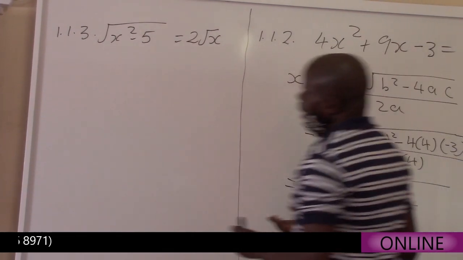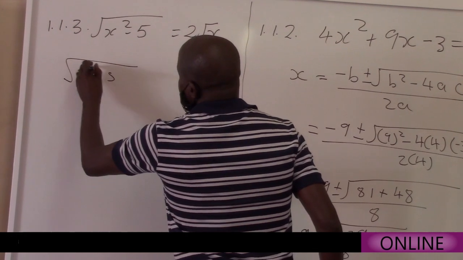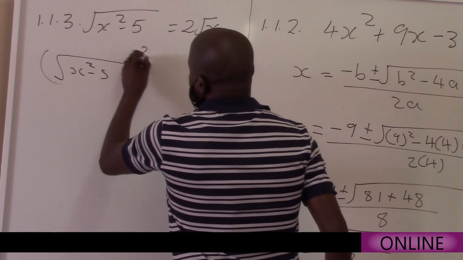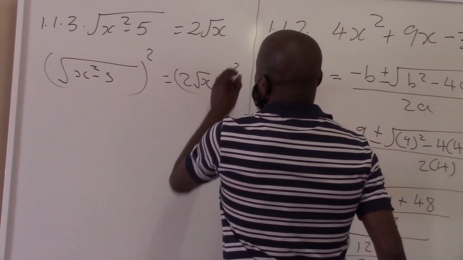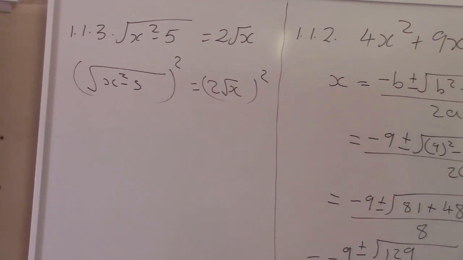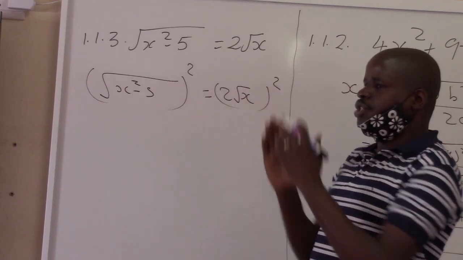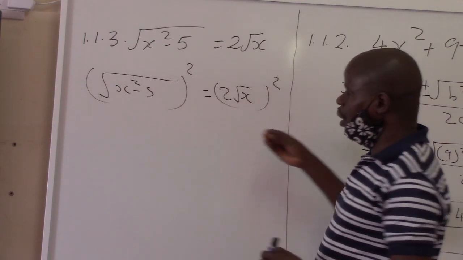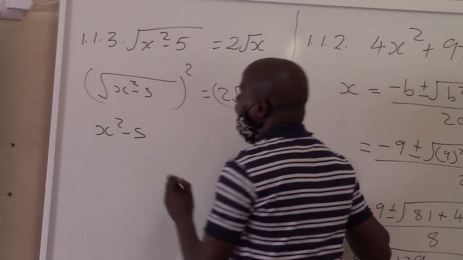So what we have to do, the first mark comes for squaring both sides. By making sure that you square here, and you also square here. We know that if it's a square root and you square, that square root will be gone, but the content inside the square root remains as it is.